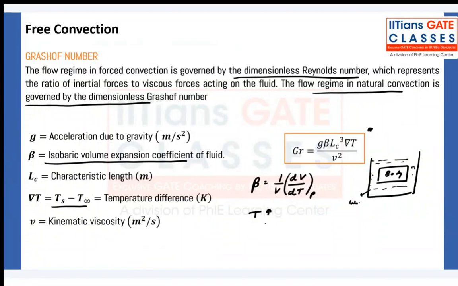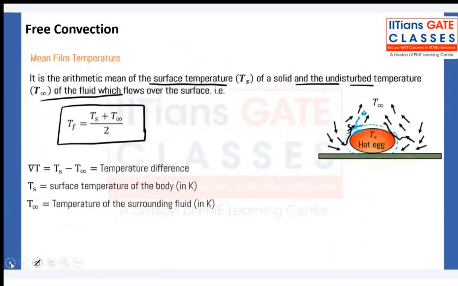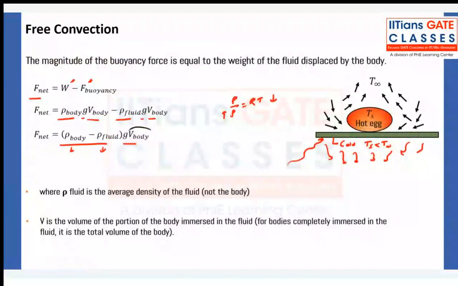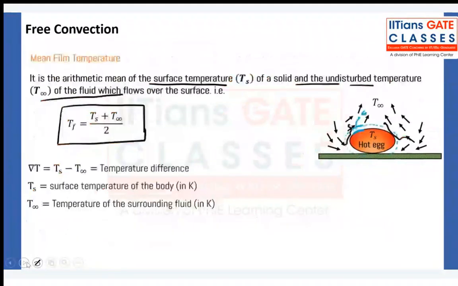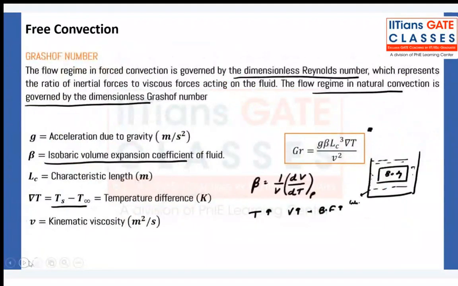Molecules will gain some energy and try to push one another. So its volume may increase, and if volume is increasing, then buoyancy forces will increase, because the volume of the body is going to increase. So it is going to affect the buoyancy forces. That's why this has come into the equation.